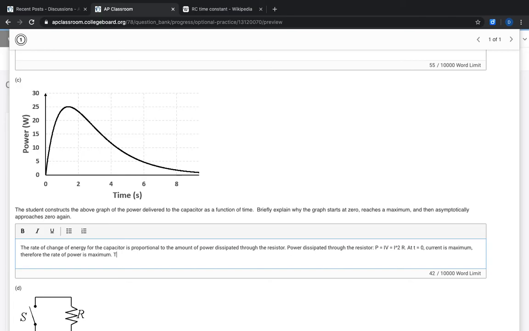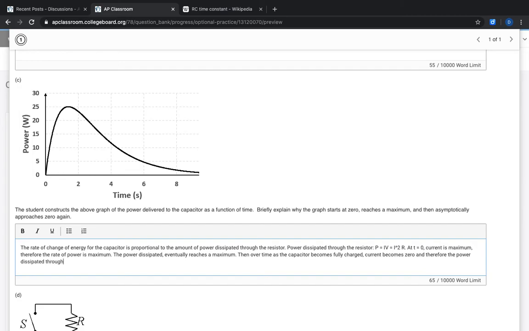And so we'll say that the power dissipated eventually reaches a maximum, then over time, as the capacitor becomes fully charged, current becomes 0, and therefore the power dissipated through the resistor becomes 0.